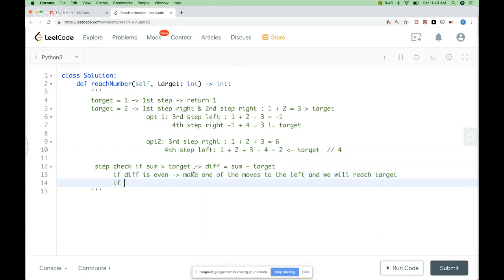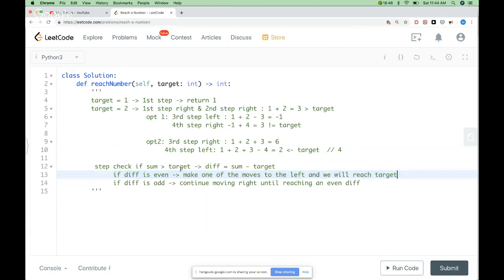Now, if diff is odd, then there is no way we can reach the target by moving left right away. So we just continue moving right until reaching an even diff, and in that case we can just use this, right?